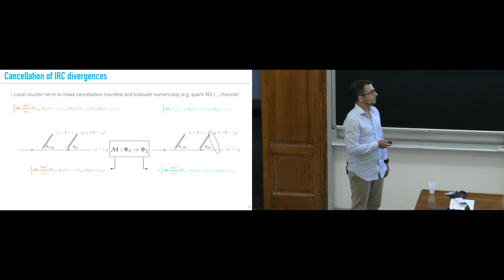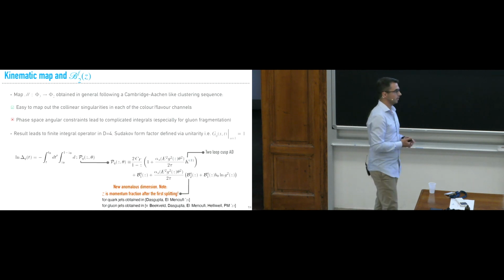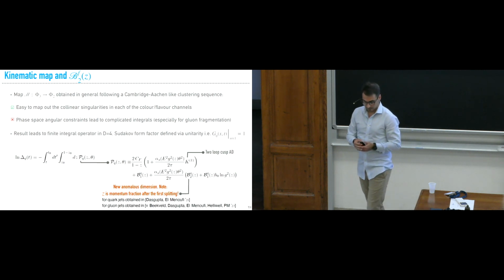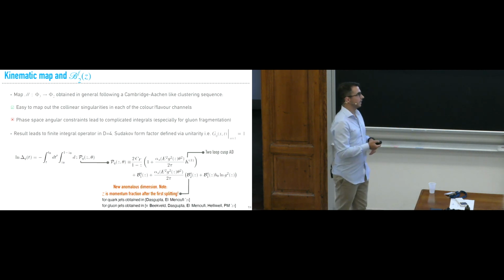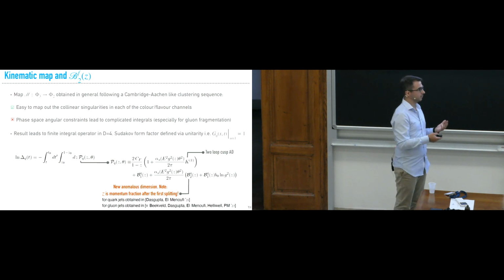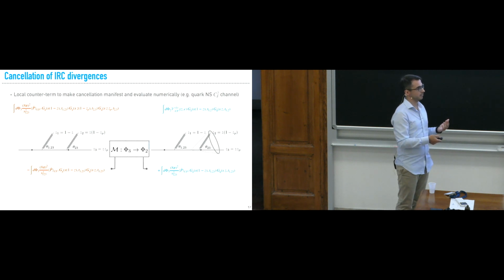So this leads already to a number of very interesting observations that are very close in spirit to what a parton shower would do. And specifically, the fact that the definition of these counter terms that I use here to subtract the divergences depends on this kinematic map M that I use to map the 3-body to 2-body phase spaces.